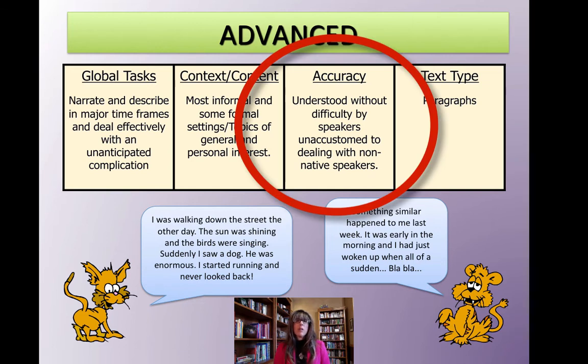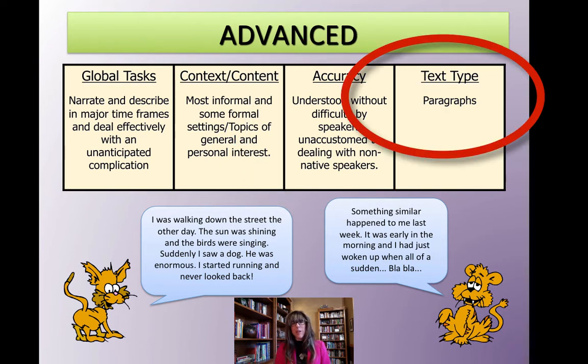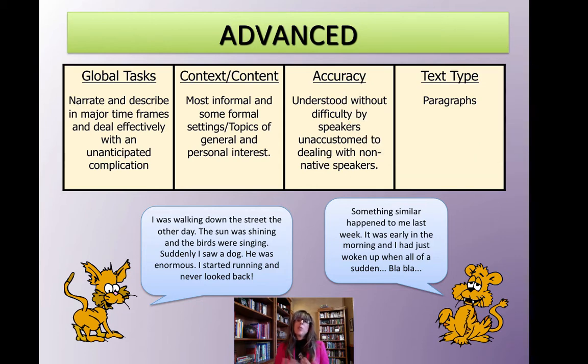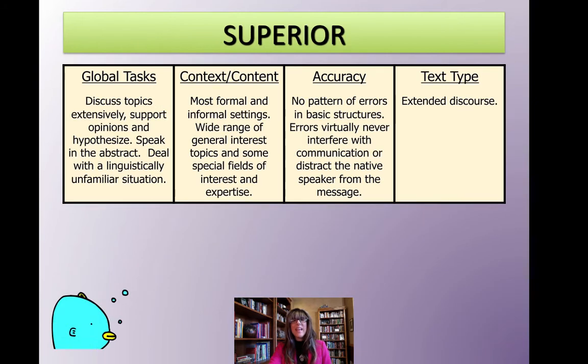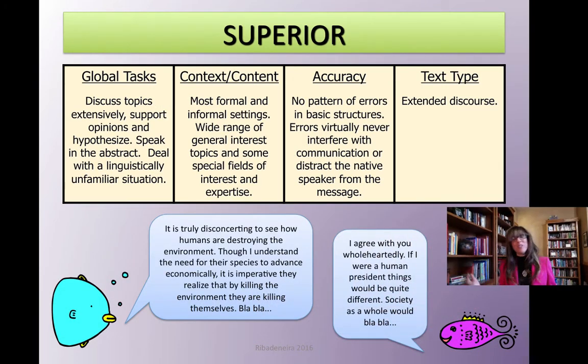Accuracy, we're talking about them being understood without difficulty by speakers unaccustomed to dealing with non-native speakers, and we're looking for paragraphs as a text type. So great content can really elicit more accuracy and, of course, a text type that goes beyond the sentence, such as a good paragraph.